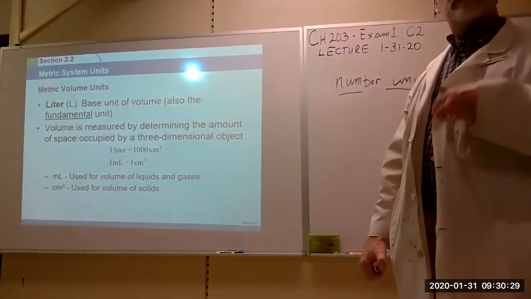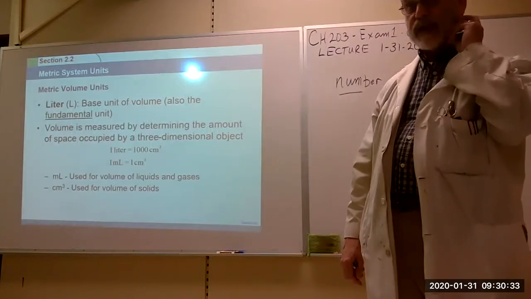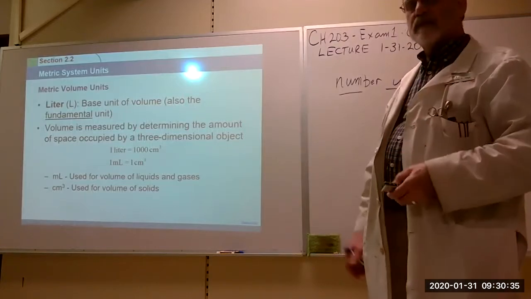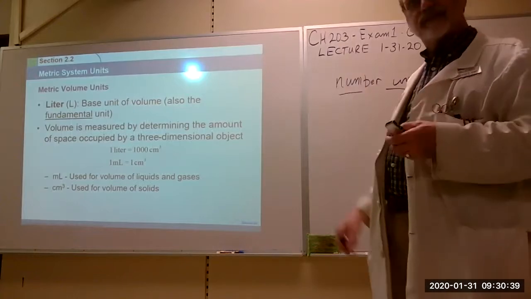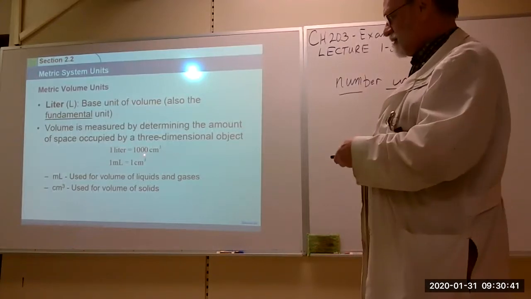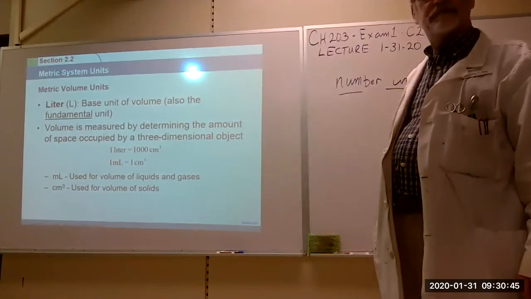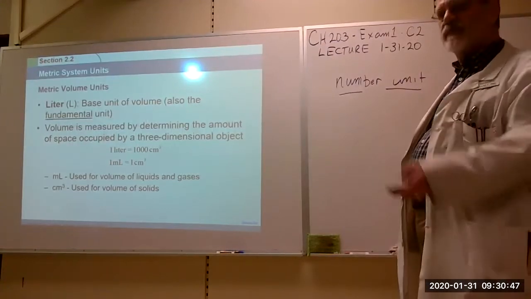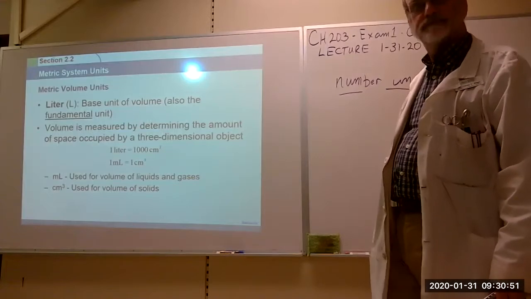But now they'll write ml, little m, big L, for milliliters. There's no difference. They're both the same exact size. The cc, cubic centimeter, and the milliliter are exactly the same size. So if you see something that says cc on it, just think milliliters, it's the same thing.